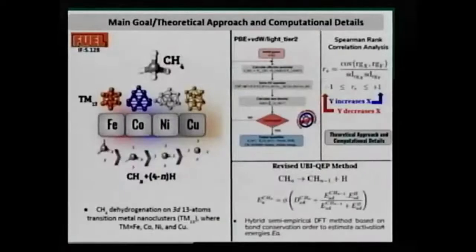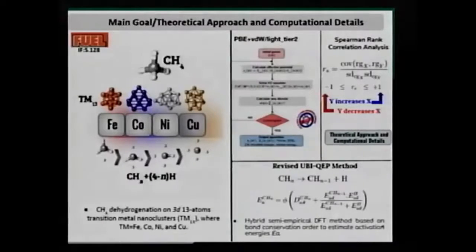However, today I'm only going to show you our results in the first step, which are the dehydrogenation reactions. This work has recently been submitted to a journal, and we hope to have a positive response. So we have applied PBE with van der Waals corrections in the FHI-aims code, and beyond DFT, we also use a Spearman correlation analysis to try to address which are the descriptors that drive the adsorption energy, whether they are structural, magnetic descriptors, and so on.